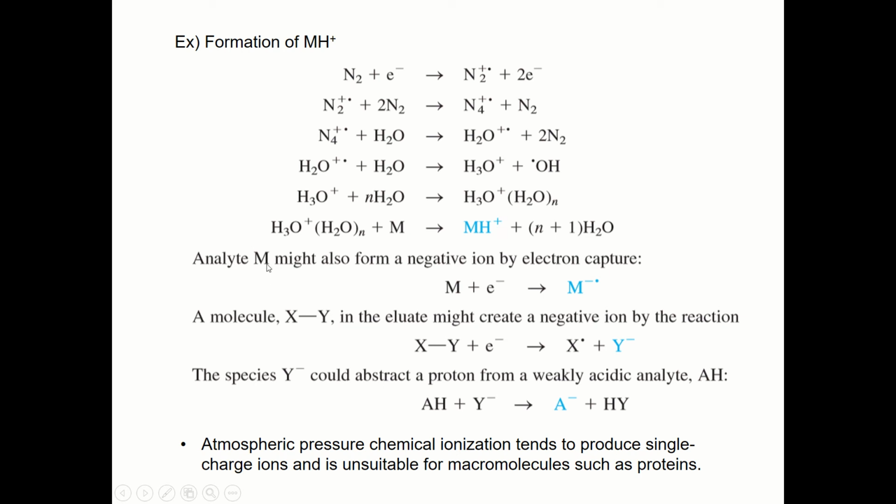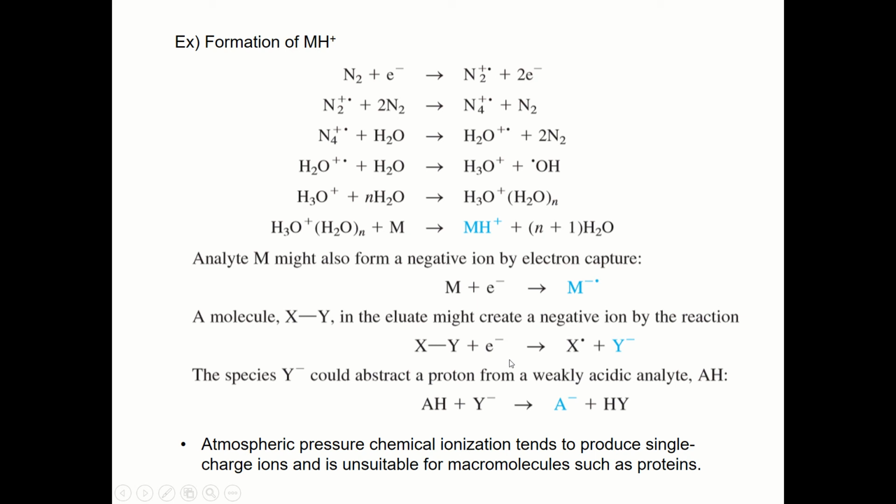Analyte M might also form a negative ion by electron capture. By directly capturing electrons, it becomes a negative ion. And if the molecular structure is like X and Y in the eluate, it might create a negative ion by a reaction.